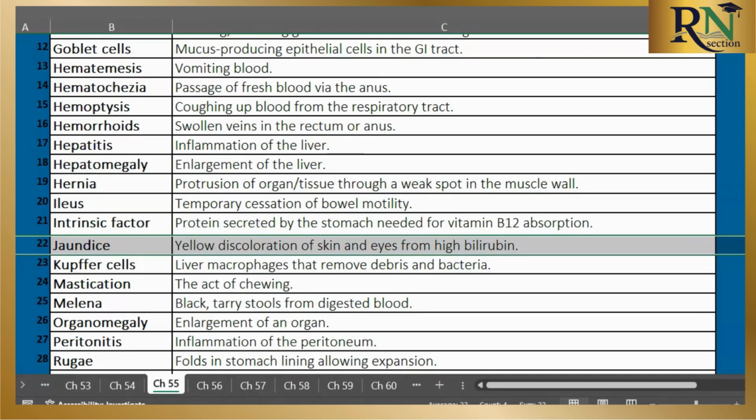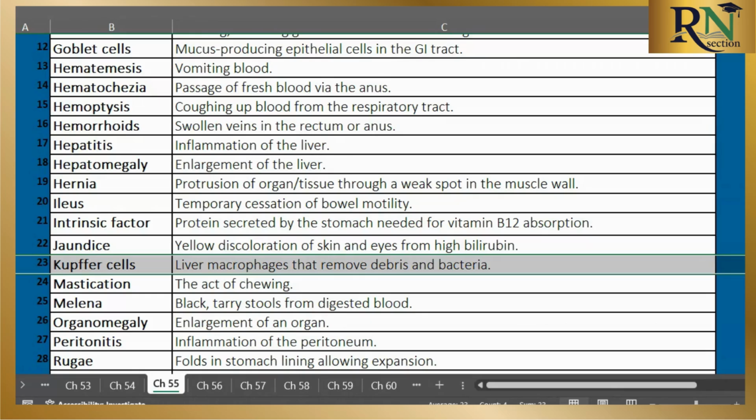So jaundice is yellow. Kupffer cells: liver macrophages that remove debris and bacteria. So Kupffer means liver cleaners.